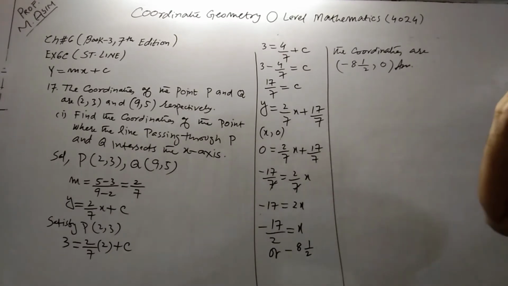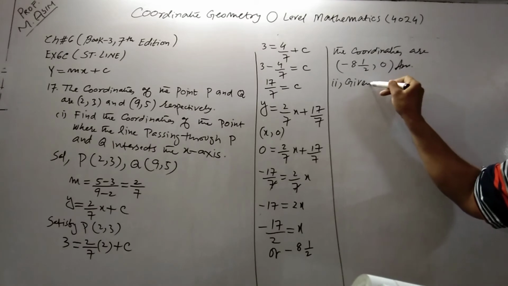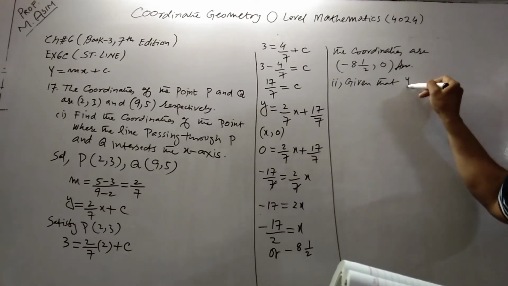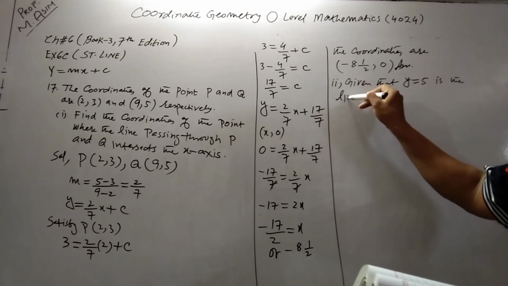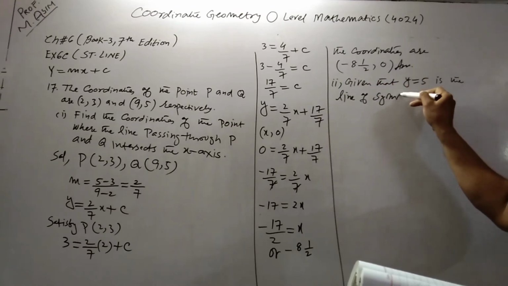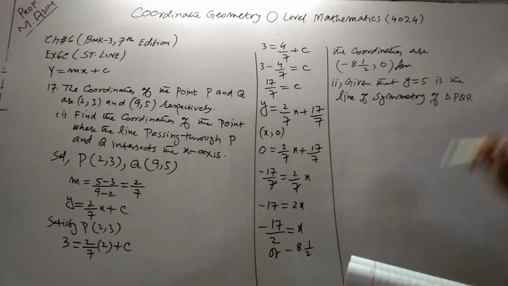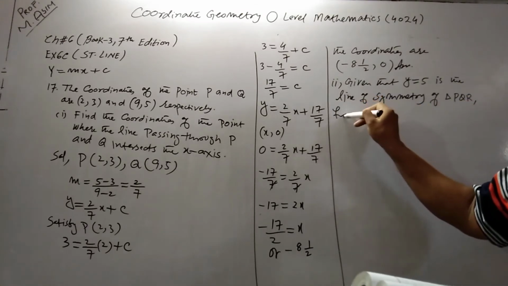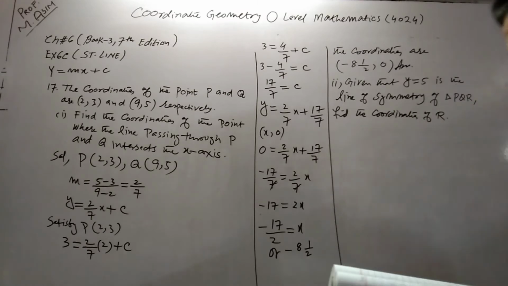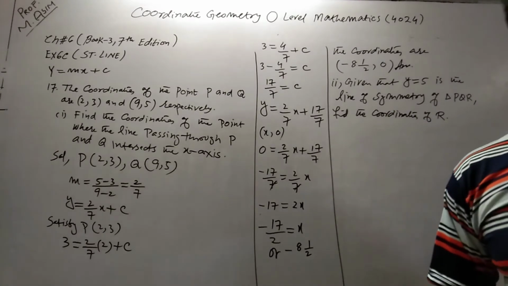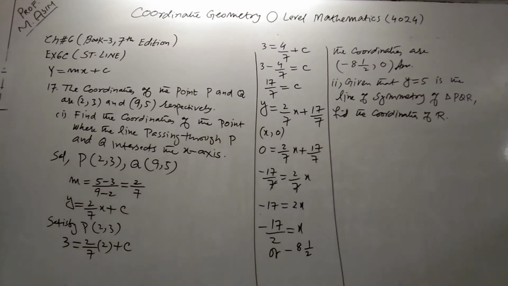Come to part number 2, a very important part. Part number 2 is: given that y equals 5 is the line of symmetry of triangle PQR, find the coordinates of R. Student, in order to understand this part completely, we need to draw a graph.